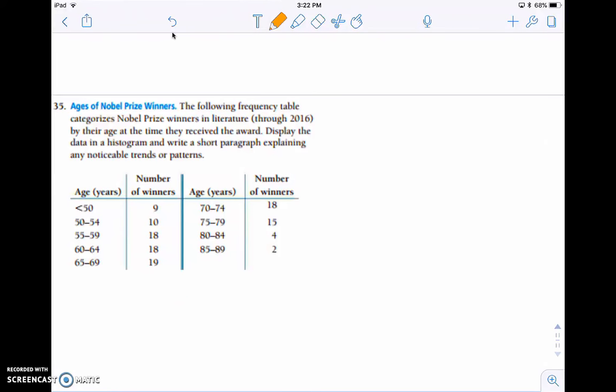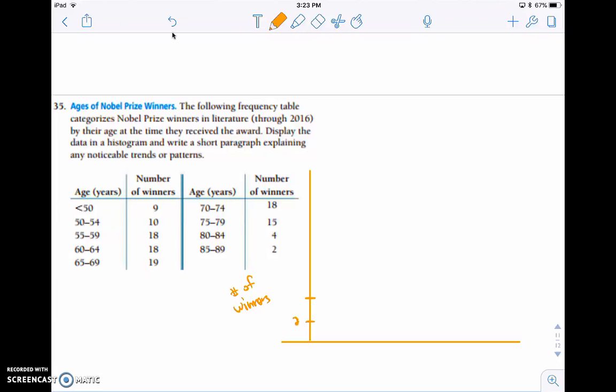So the first thing we're going to do is we're going to kind of create the axes here for our bar graph, our histogram, and on this side, this is going to be the, we'll just say this is the number of winners.